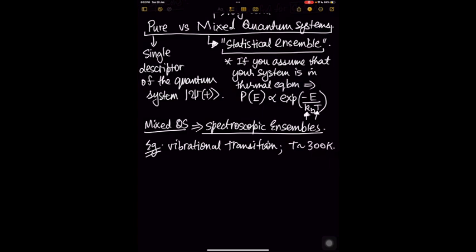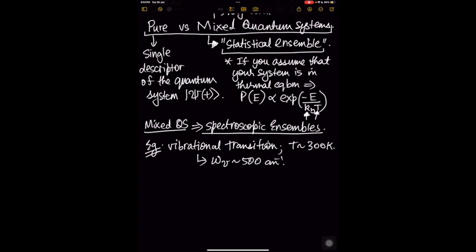In this condition, let's say a vibrational transition has some vibrational frequency which is on the order of hundreds of wave numbers, so let's say 500 wave numbers. In this particular situation, the vibrational ground state will have a certain distribution in the vibrational states, given by, let's say, the number states of your harmonic oscillator.